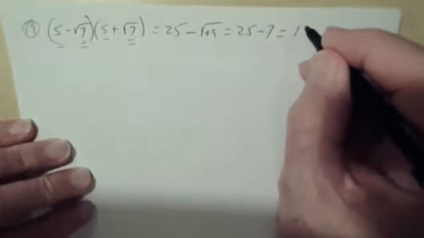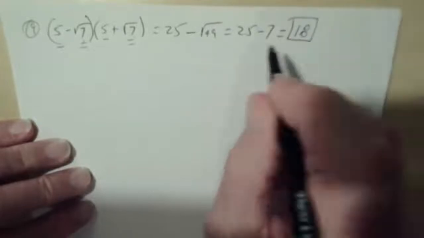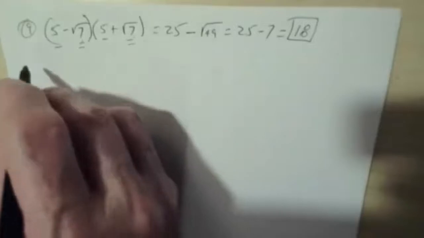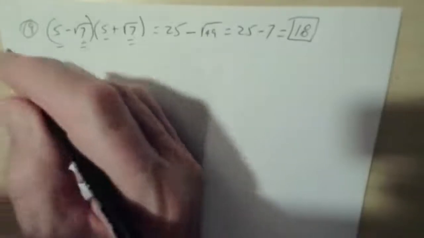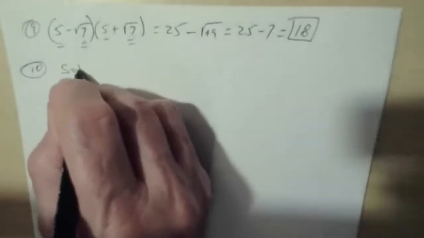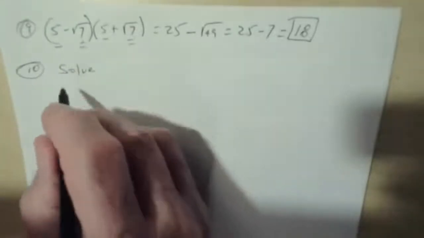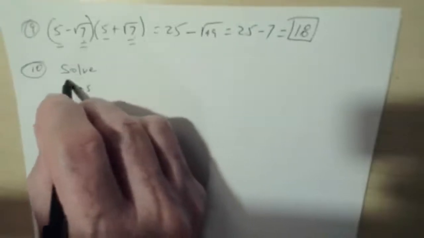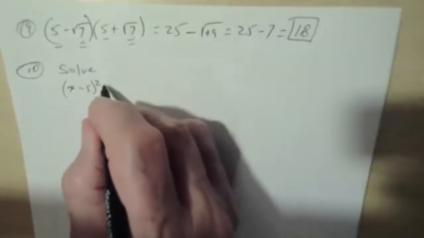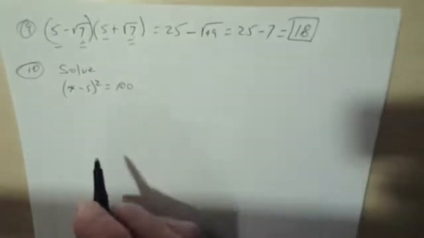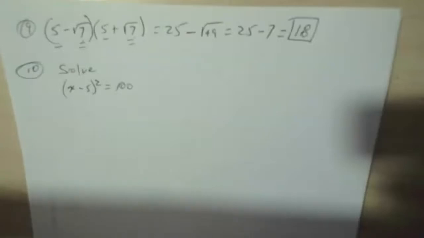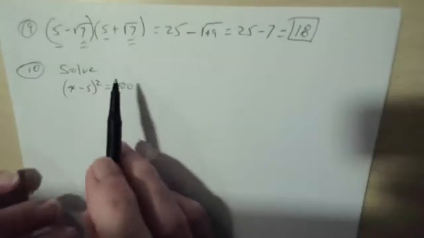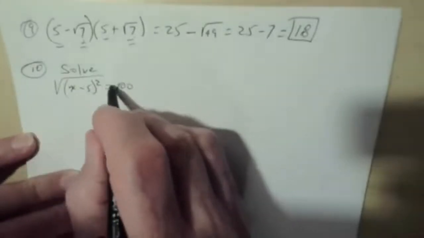Number 10. Solve the quadratic. We have x minus 5 all squared equals 100. The thing to do here is get rid of the exponent, so we take the square root. When you do that, the squared just goes away.